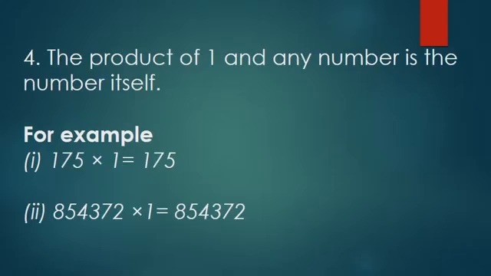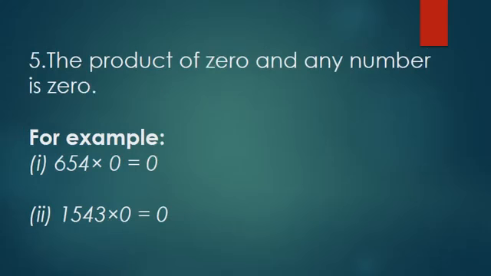Now the fourth one is the product of 1 and any number is the number itself. For example, 175 into 1 is equal to 175, and second one, 8,54,372 multiplied by 1 is equal to 8,54,372, meaning the number itself.